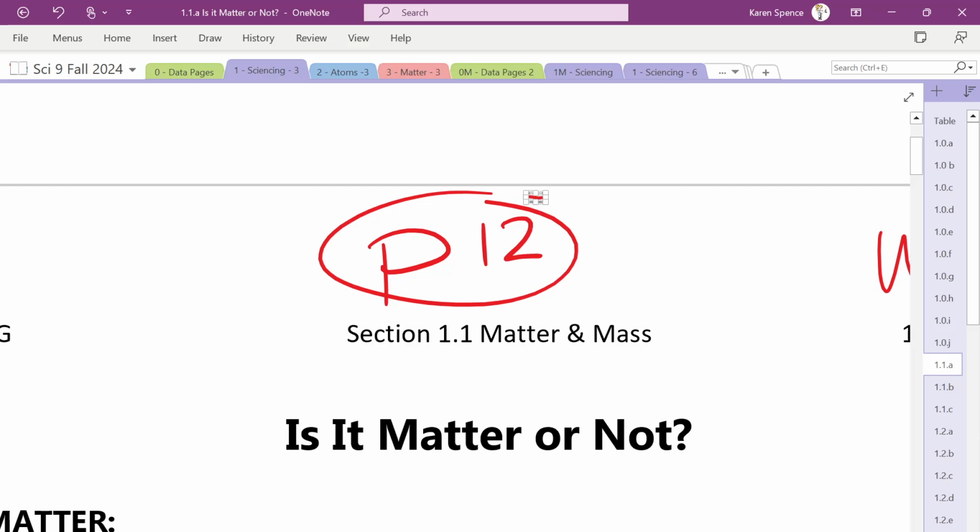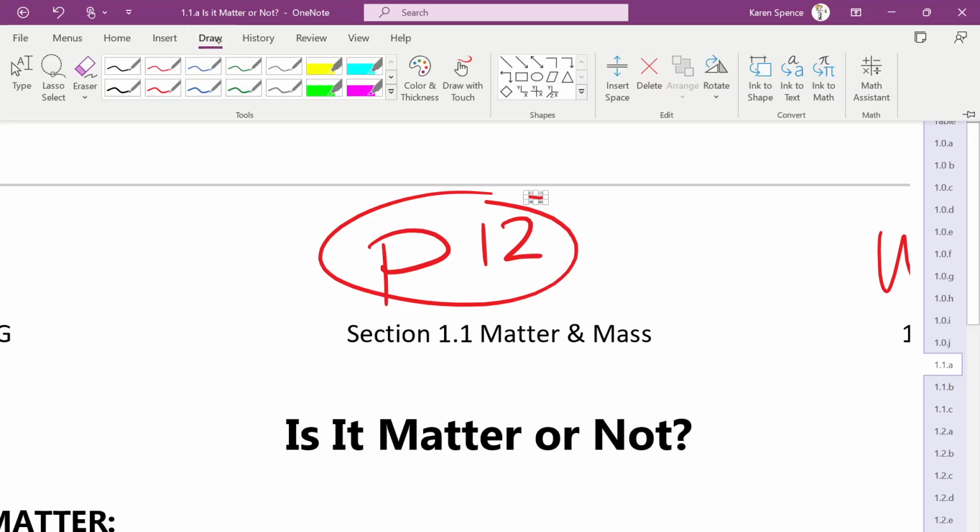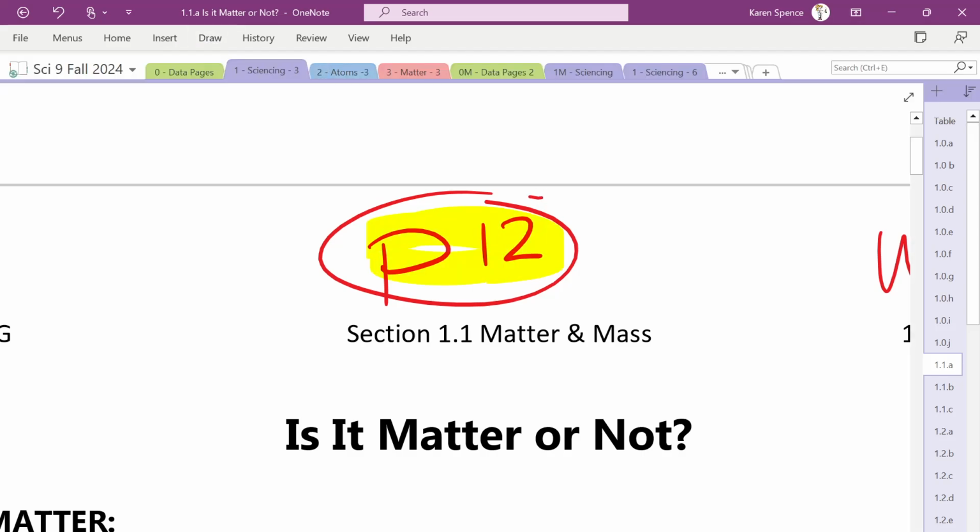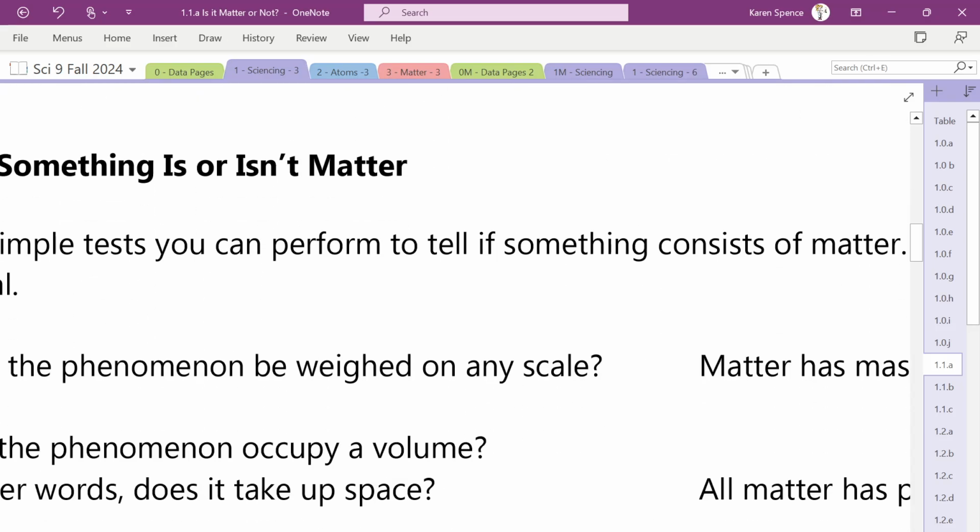We're not packing up, we're not done. We got 10 minutes left. Is that page 12? Yeah, it's page 12.